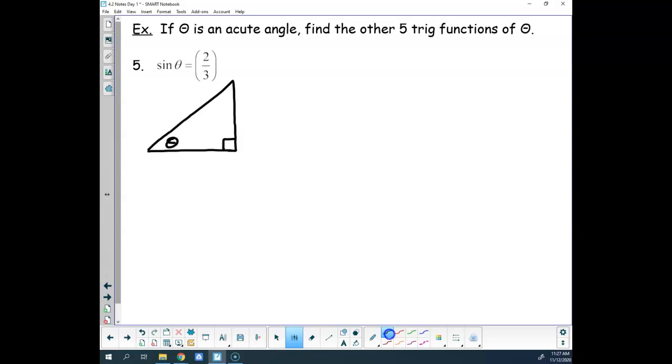It really doesn't matter which way you draw your triangle. Okay? Sine is opposite over hypotenuse. So this side is 2, and this side is 3. So then let's call this missing side x.